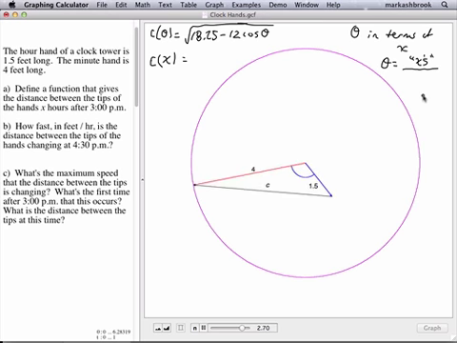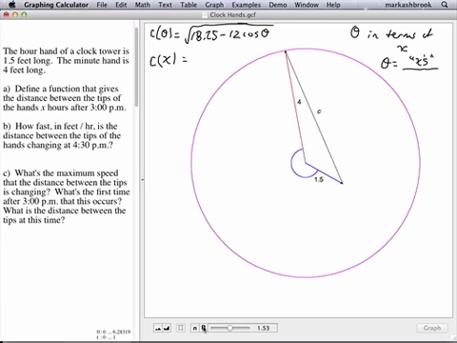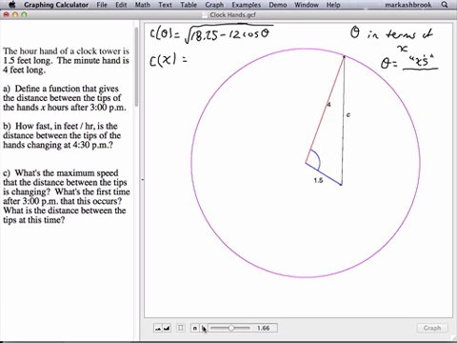Yeah, David. Okay, so what arc length is it? Okay, let me pause it. So you want me to draw the hour hand? Like that? Okay.